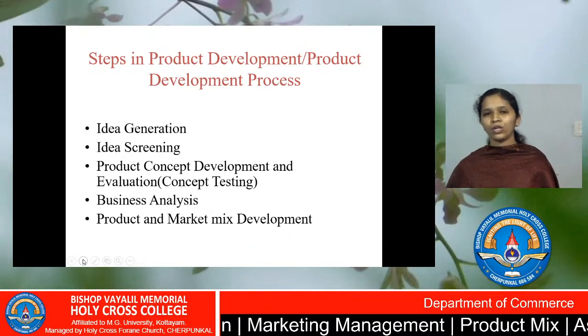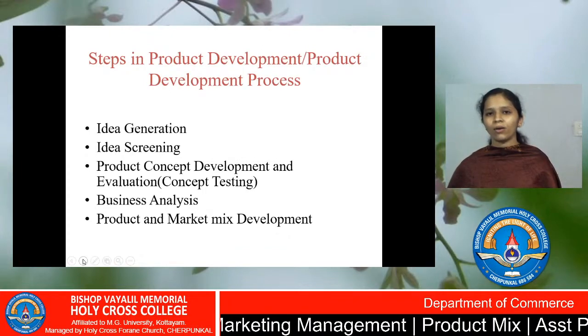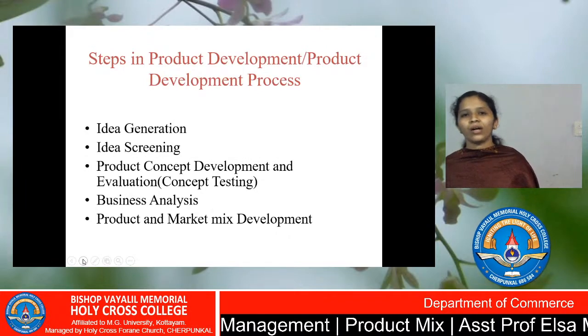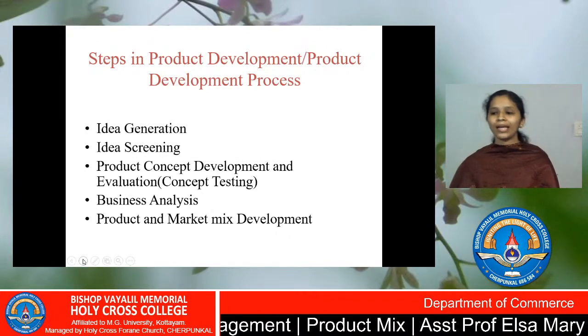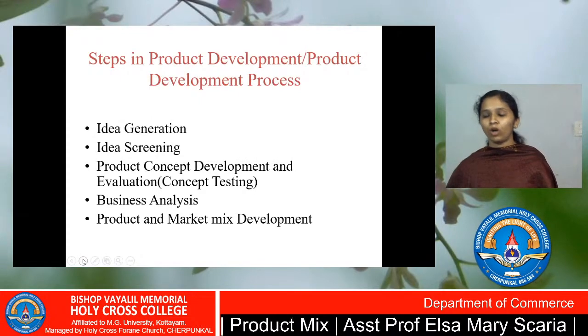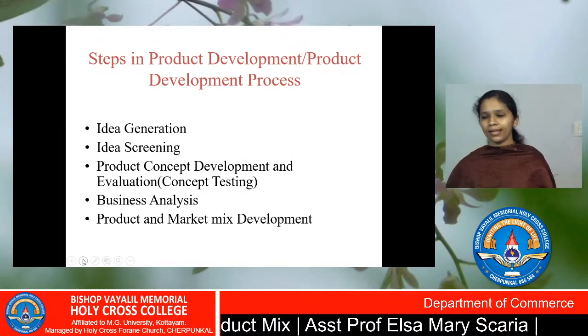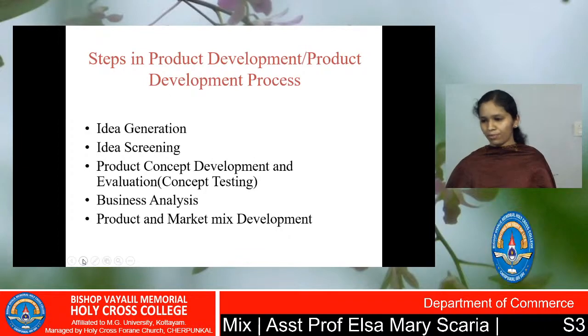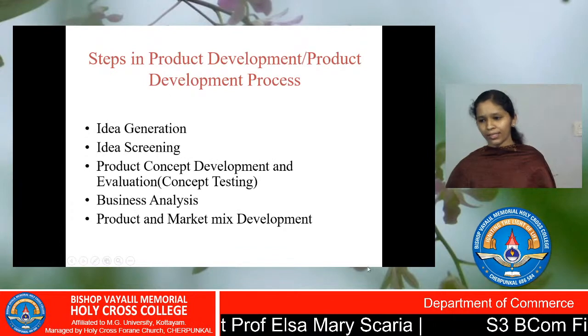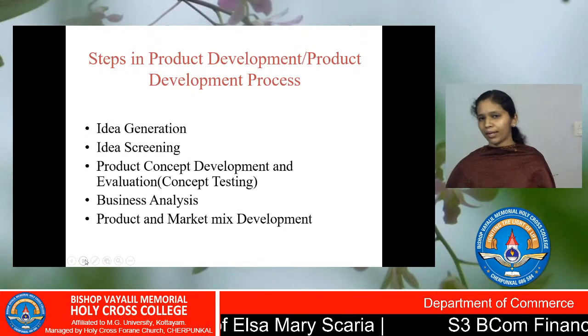That means we are introducing our selected idea or concept in the market. Then next one, we have to analyze the business conditions. That means we have to find out the demand, then operational cost, and also sales and profit forecast. Then the next step, we have to develop our product and also other elements in the marketing mix, that are price, place and promotion.